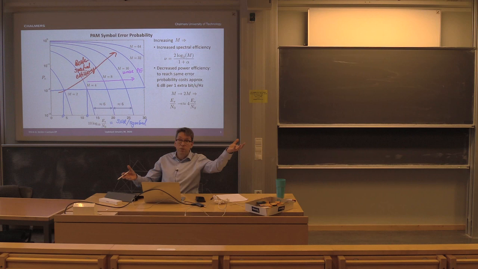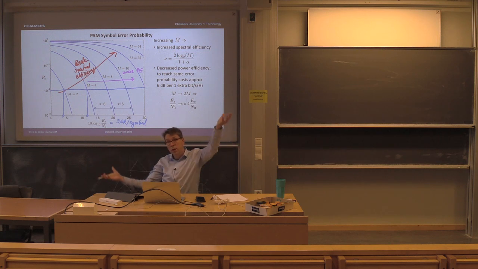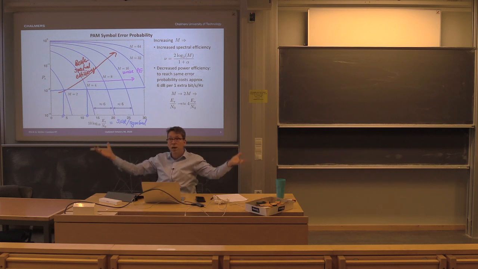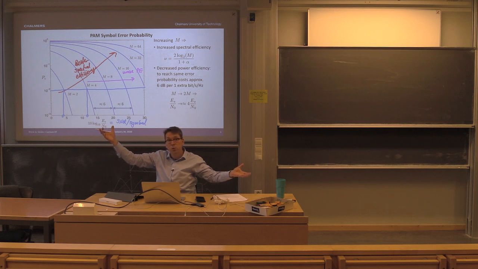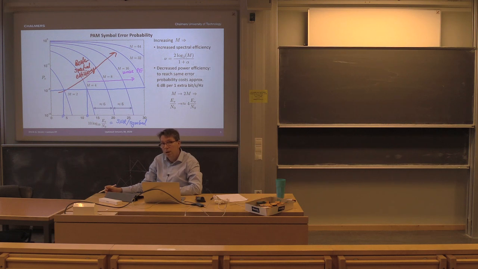They can be traded against each other, but you cannot improve both at the same time. At least if you use an optimal system, there is always this trade-off. Any questions on this?